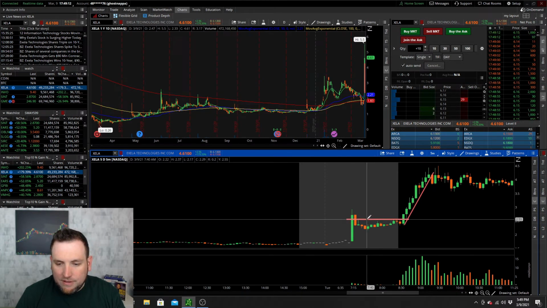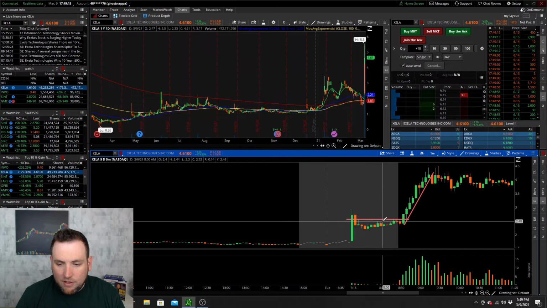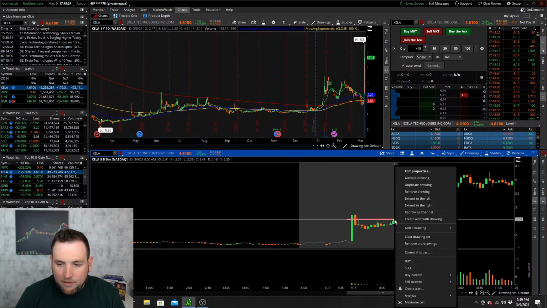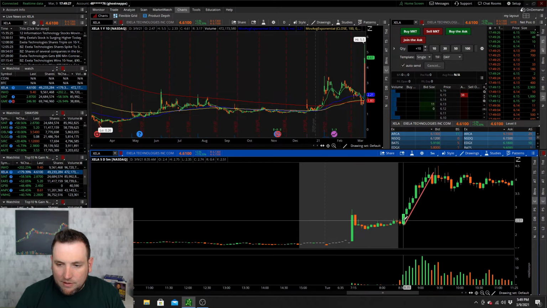But if you miss this entry right here after pre-market, where you kind of got this little curl up, this little U-shape looking pattern there, if you miss this entry, well, you just let it run and wait for it to pull back to the trend line.